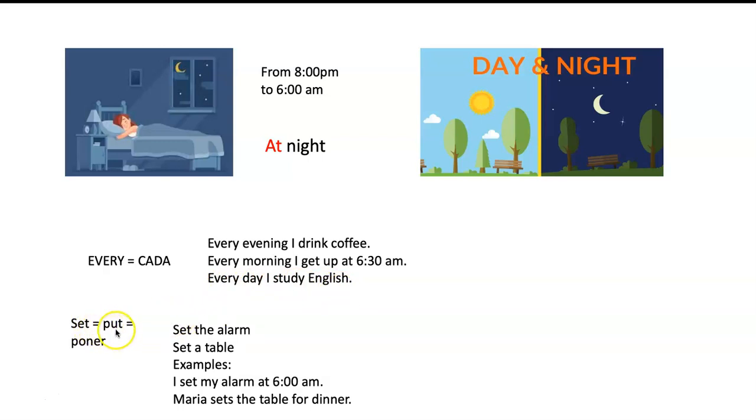Set is the same as put, so the use is very similar. In Spanish it means poner. Every in Spanish means cada. Set the alarm, set a table. Examples: I set my alarm at 6 a.m. Maria sets the table for dinner.